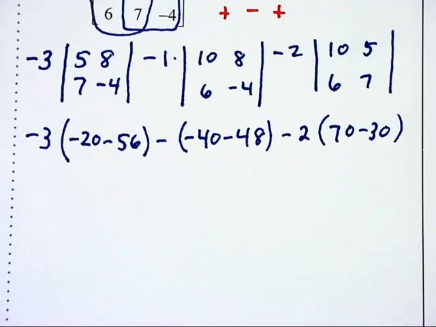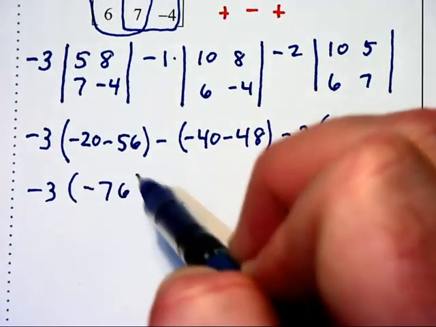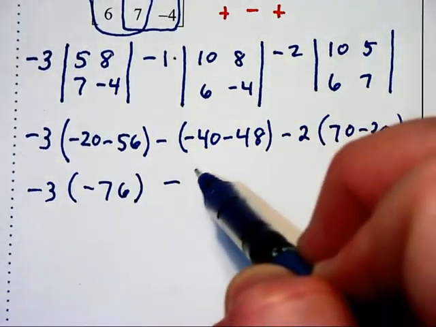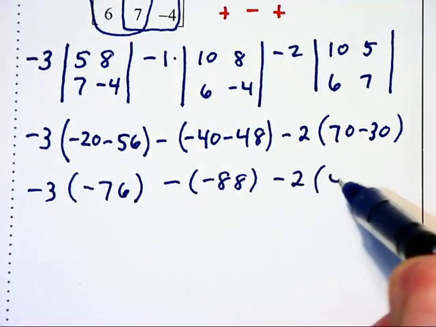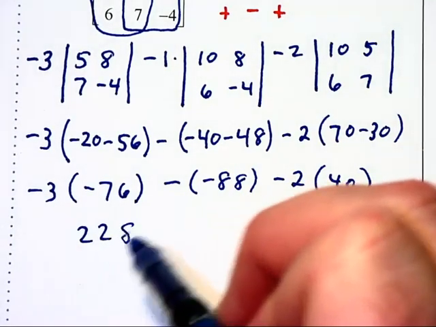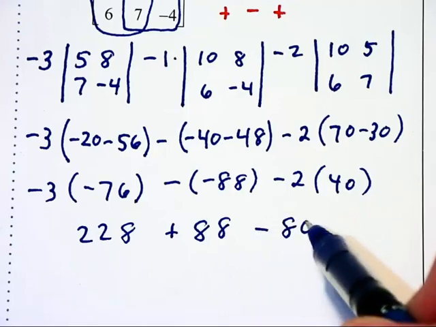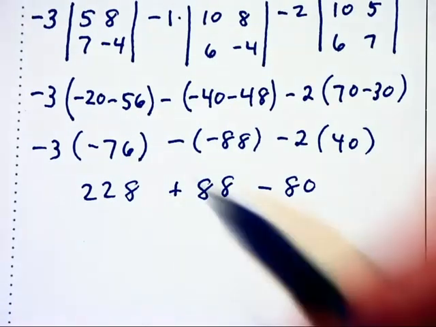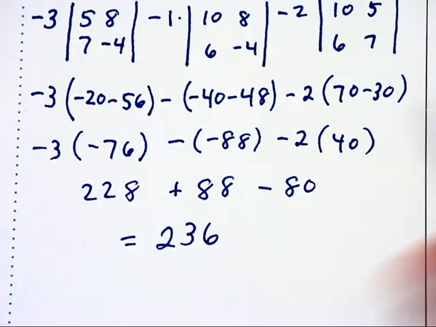Okay, let's keep going here. -3 times -76, minus a -88, minus 2 times 40. We've got 228 plus 88 minus 80, and therefore the value here is going to equal 236.